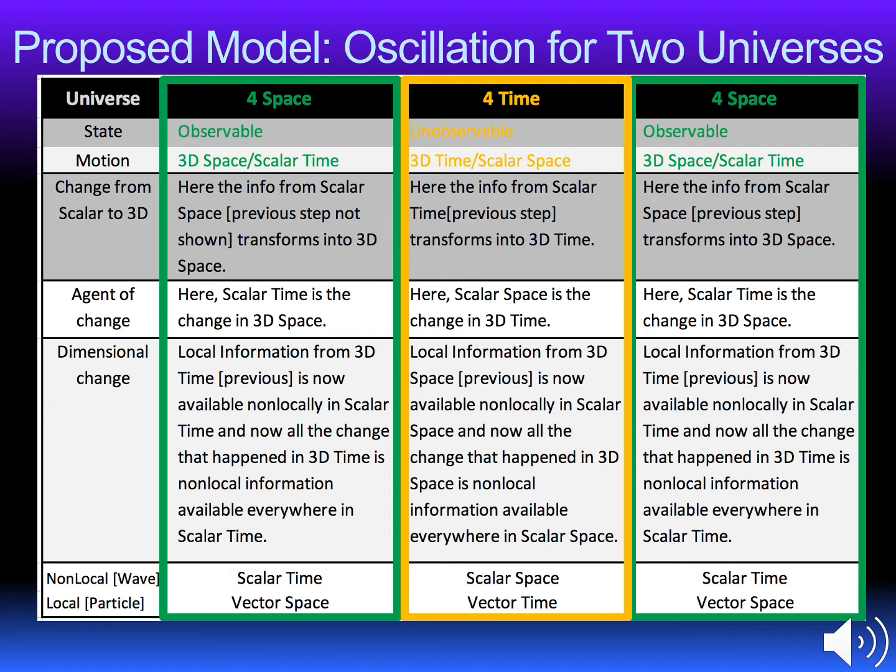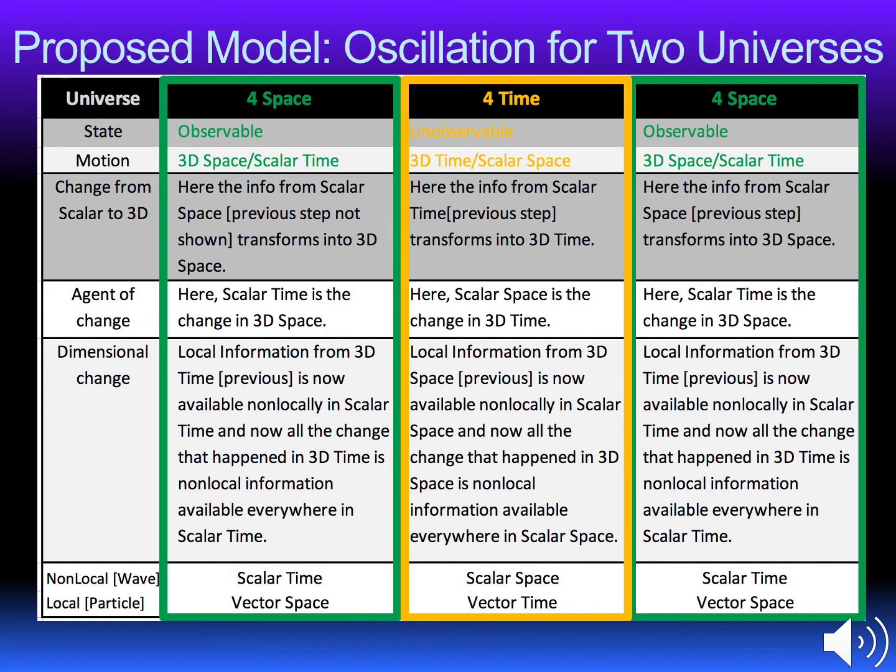And the dimensional change: local information from 3D time, from the previous state, is now available non-locally in scalar time, and now all the change that happened in 3D time is non-local information available everywhere in scalar time. And in matter, the non-local or wave part of matter is associated with scalar time, and the local or particle nature of matter is associated with vector space.